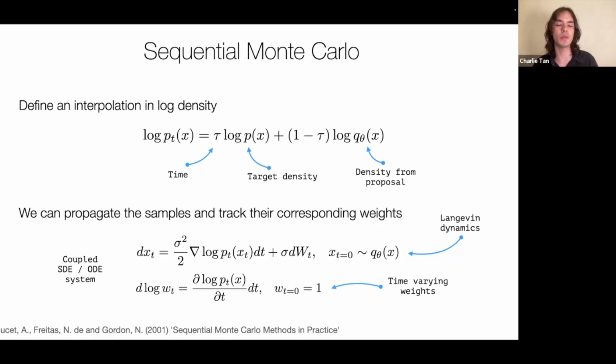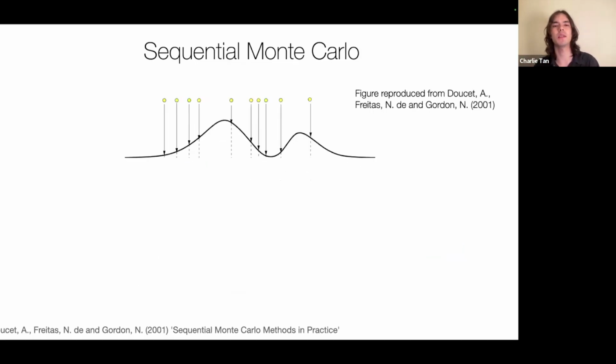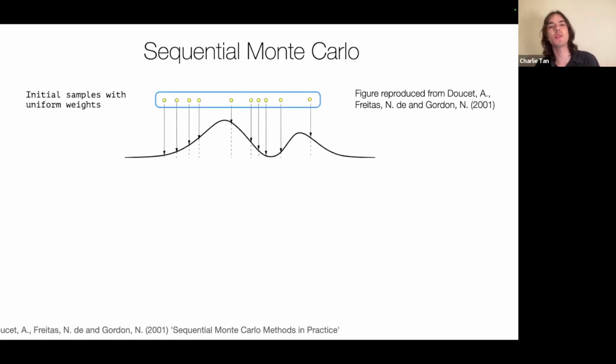Often you use what's called adaptive resampling. There'll be some triggering cutoff on the variance of the weights, and then you trigger resampling and reset the weights to be uniform again. To give some intuition, there's a really nice illustration from Arnaud Doucet and co-authors' book. You start with initial samples of uniform weights, then propagate the samples and the weights.